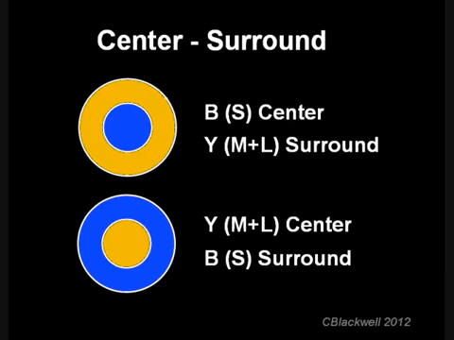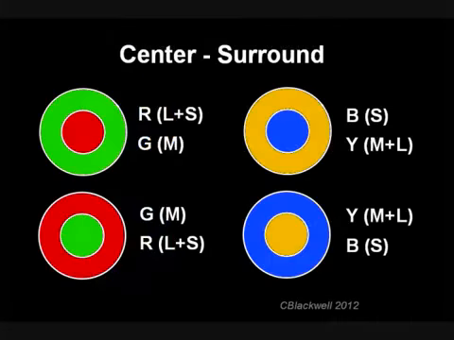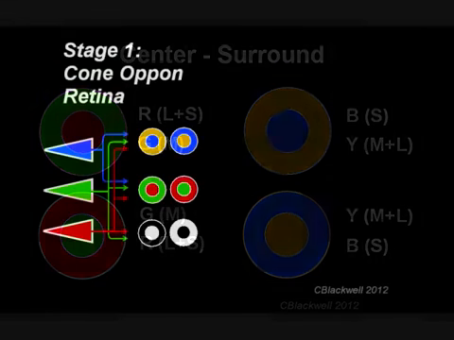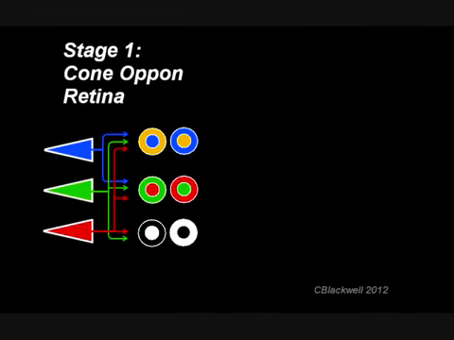Now is the time to note this system is divided into red versus green and blue versus yellow pairs. One term for this is a cone-opponent system. Let me repeat that. We have just seen cones feeding into ganglion cells in a center-surround organization, creating a cone-opponent system. But we're not through yet.